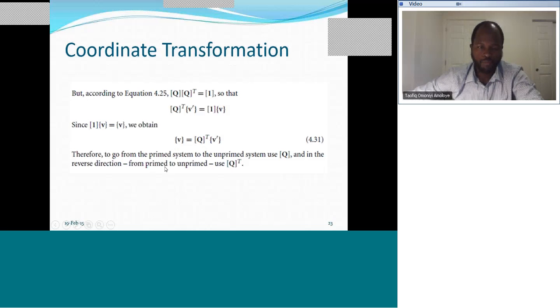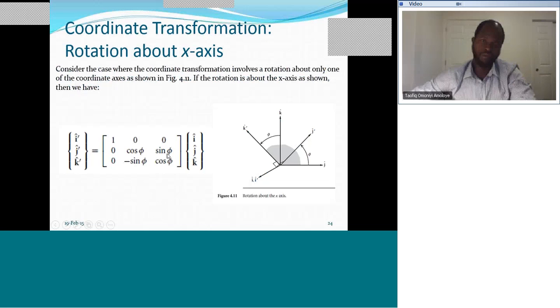So we now look at the coordinate transformation when there is just the rotation about a single axis. To do that, we consider the case where the coordinate transformation involves rotation about the x-axis as shown in figure 4.11. That means the transformation we are going to be looking at is just for the rotation about the x-axis.